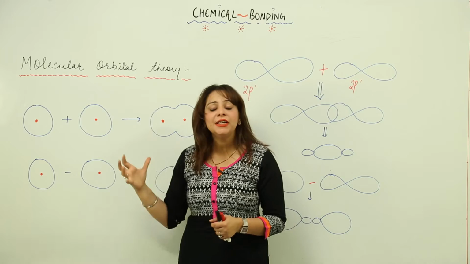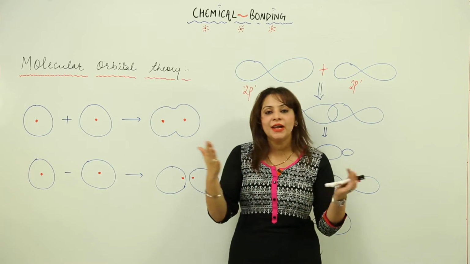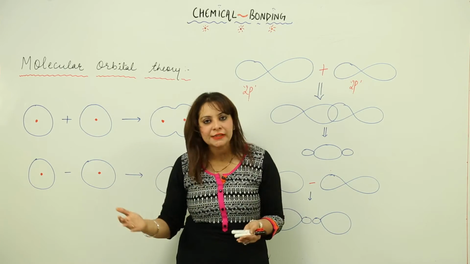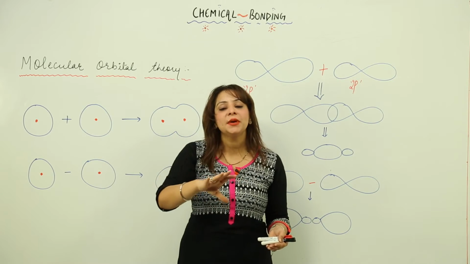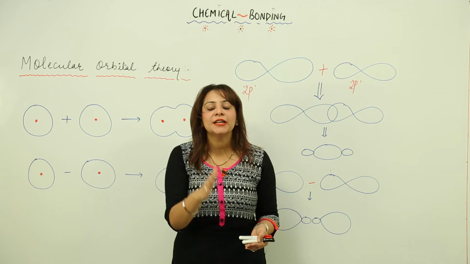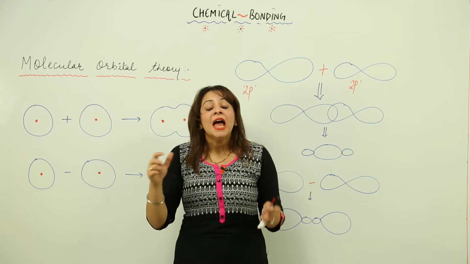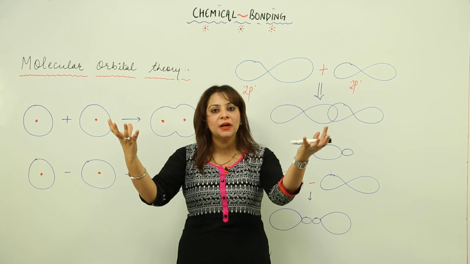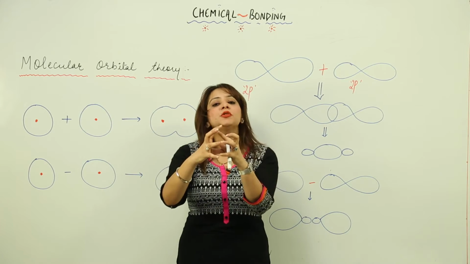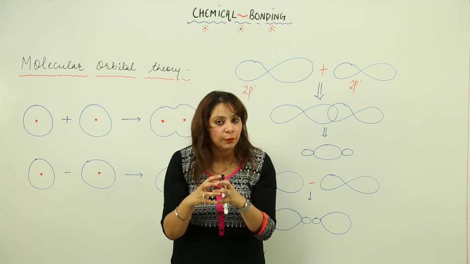Right. So you know that atoms possess orbitals. What happens in atoms is that electrons are present in atomic orbitals. And we also know that when atoms combine, suppose this is my one atom, and when it combines, it is going to form a molecule.